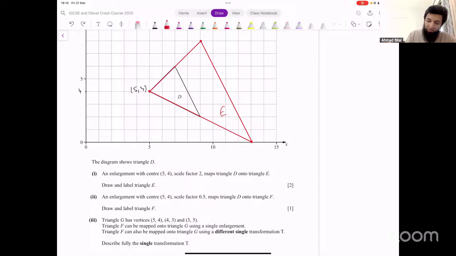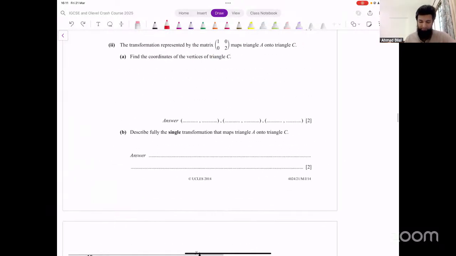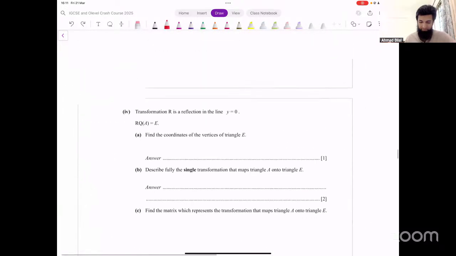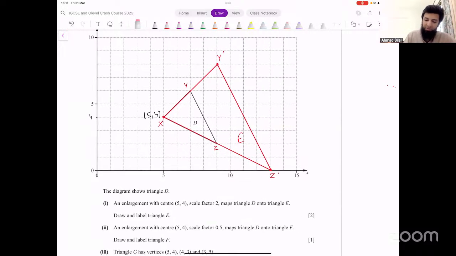So let's mark these points. Let's say this first point. Okay, let's say this was point X, and this was point Y, and this was Z. So in the first transformation, you got these points. In the second transformation, where is Y going to go? Its distance is going to be half from the center of rotation now. So that point is going to come here, right?